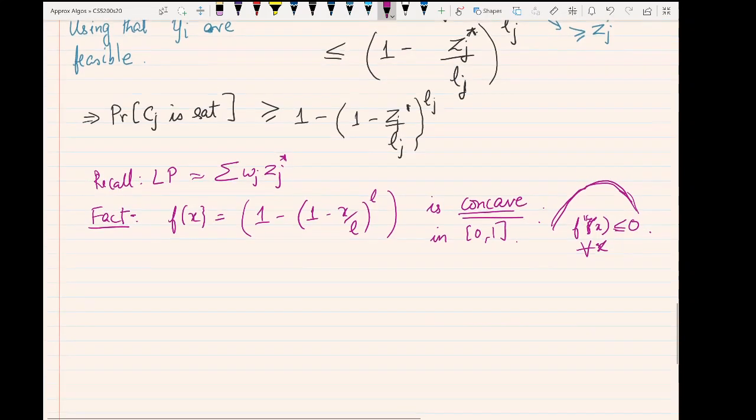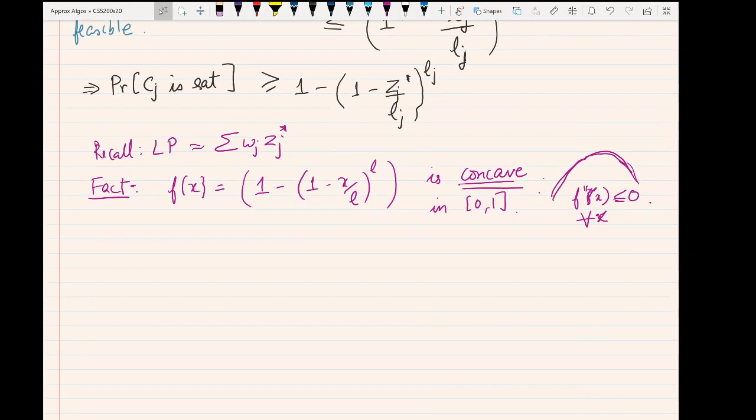Now how do we use this? Well, we use a second fact, and this is easiest seen pictorially. Suppose I have an interval [0, 1], okay, and a function is concave here. It starts at a and rises all the way to b plus a.